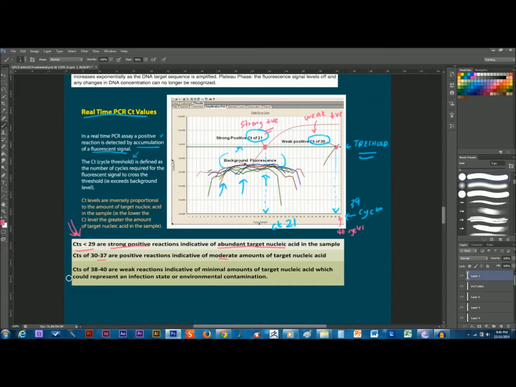A CT value of 38 to 40 is a weak reaction, indicative of minimal amounts of target nucleic acid, which could represent an infection state or environmental contamination. Usually, a weak reaction needs to be repeated so we can confirm it is a real weak reaction and no contamination from the environment.